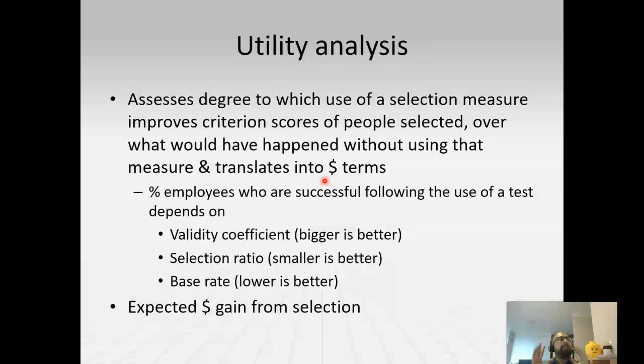So, typically, class, when we try to work out utility, we translate some information into dollar terms. The first thing we do is work out the financial benefit of being a high-performing employee.